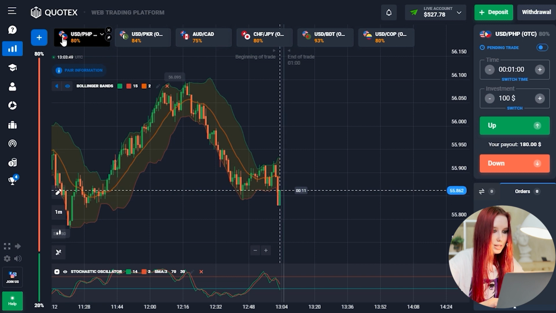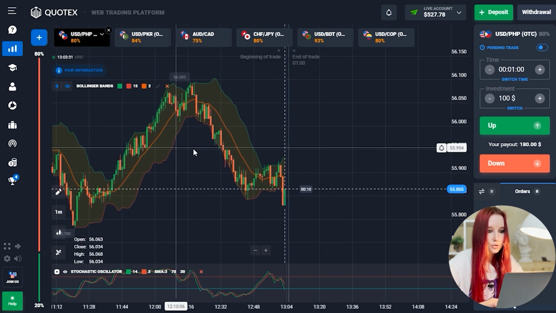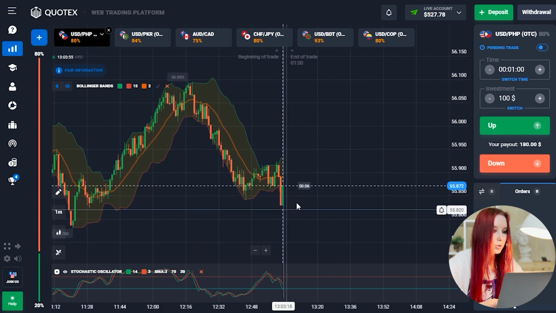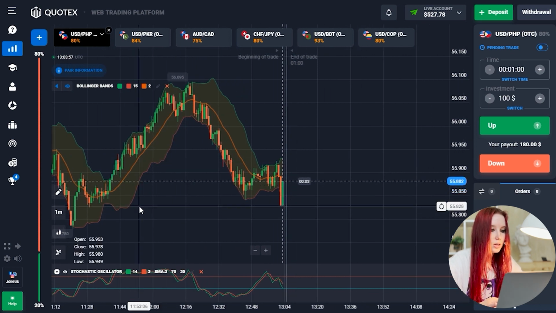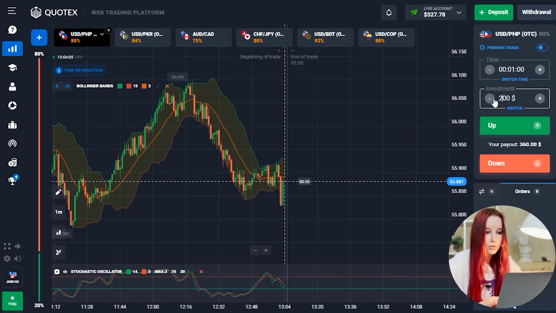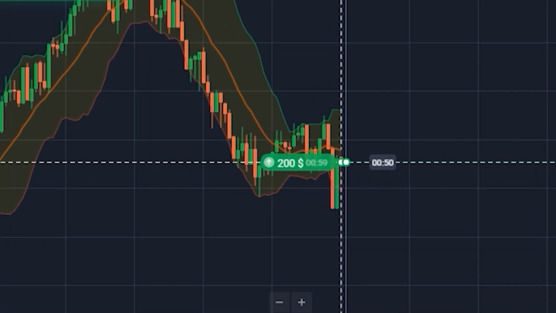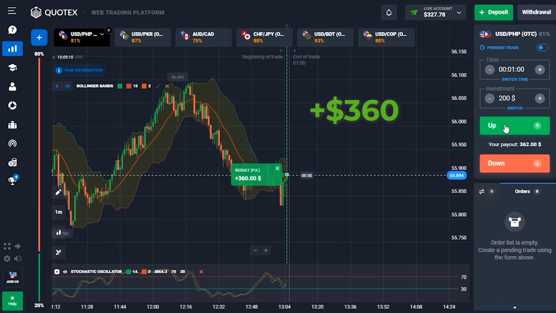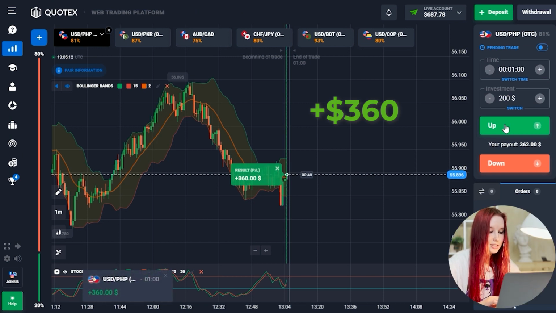Okay, the situation on this currency pair is quite interesting. We can see that the candle has touched the lower Bollinger Band line. Well, that's why I want to open a $200 up trade. Excellent result.